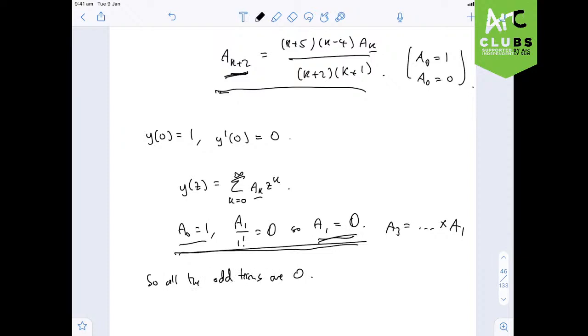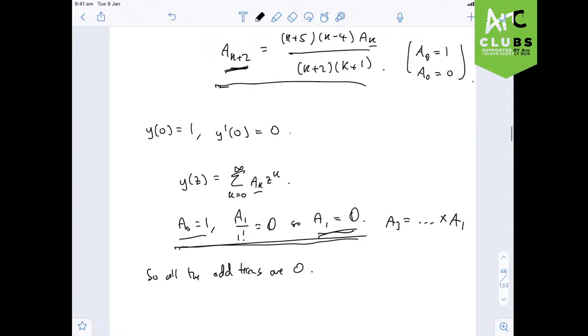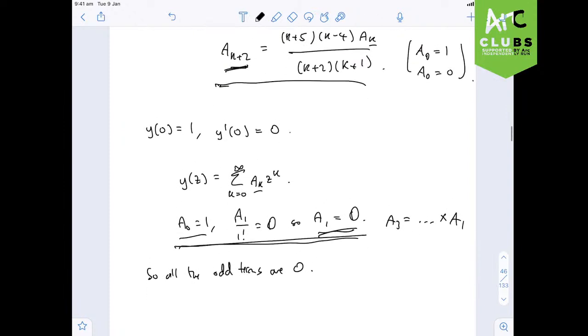And that's kind of not interesting. We don't really care about trivial solutions like that. How about the even terms? Well, a6, that's equal to some factor times 0 times and so on. It doesn't matter, it's 0 times something, so that's just 0.